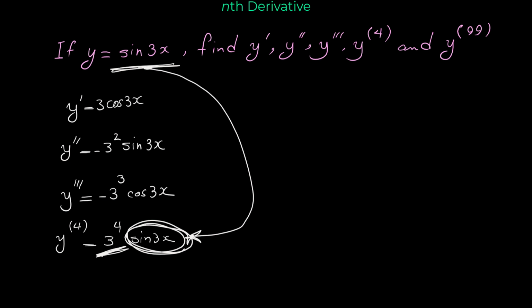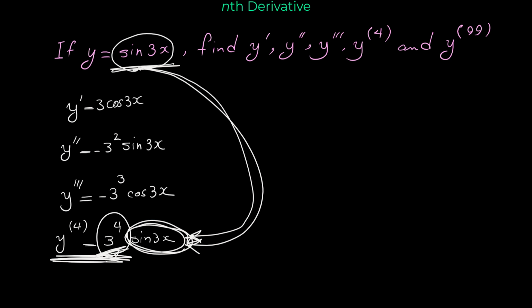Every 4 times that we take the derivative of sine or derivative of cosine, we are back to the original function. Look at here, derivative of sine is sine again after taking derivative 4 times. Of course, we have this extra coefficient here, and that's because of the inside. Every time we take derivative of inside, we get a 3, 3, 3, and 3. So after 4 times, we have 3 to the 4.